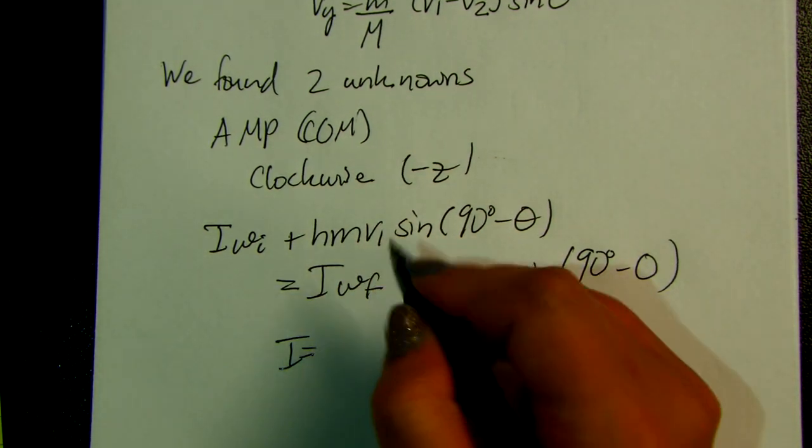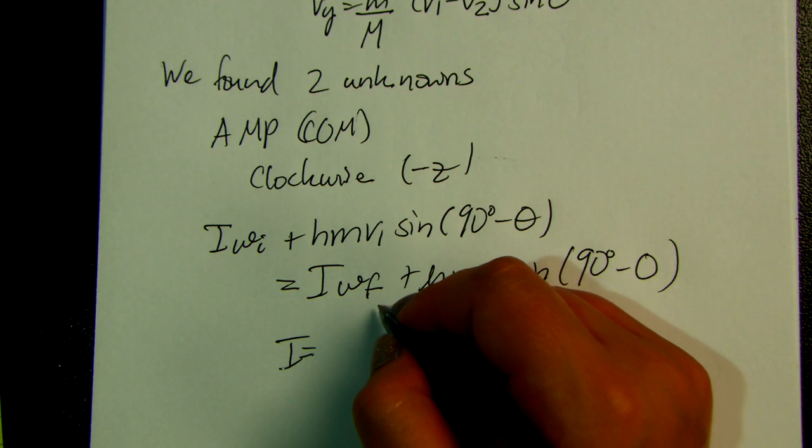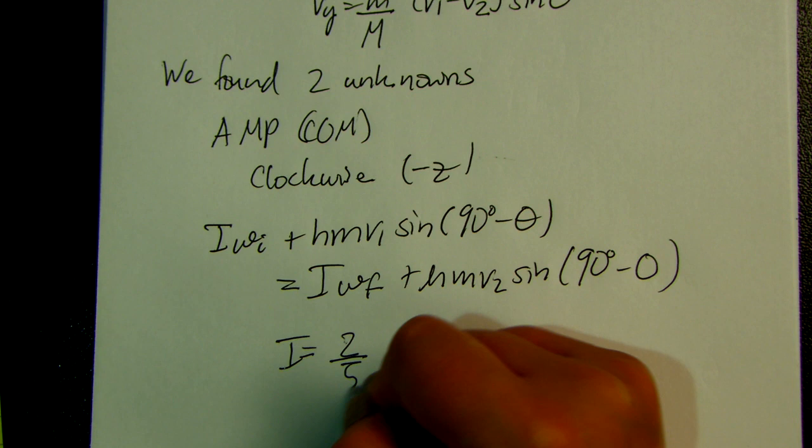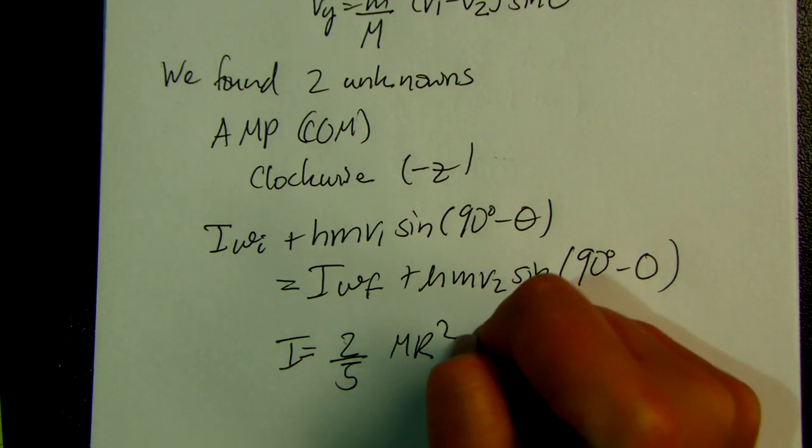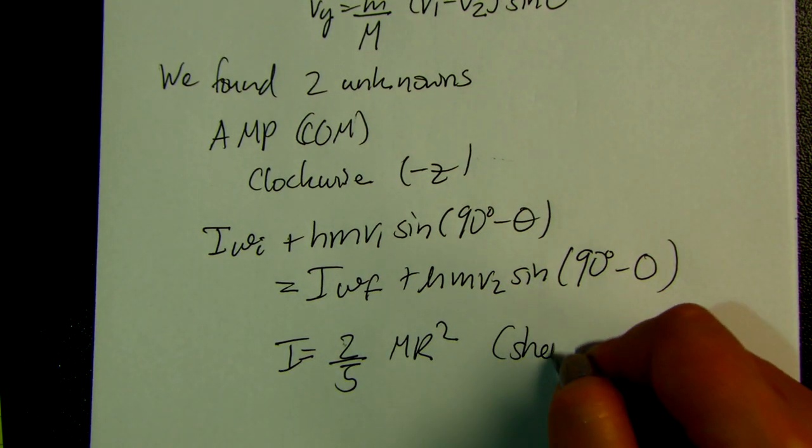I is equal to two-fifths M r squared because it is a sphere.